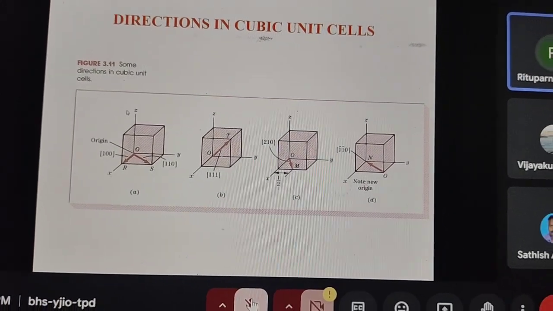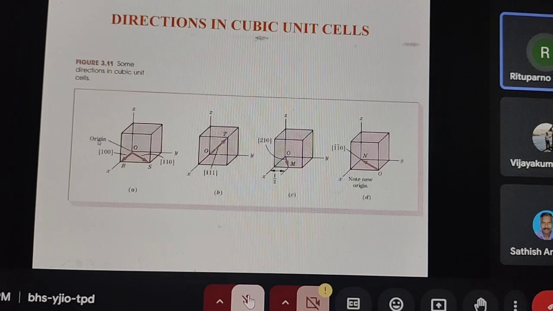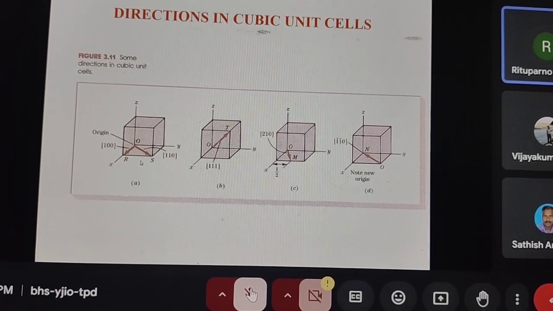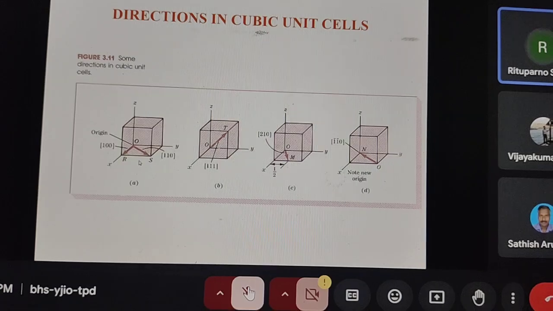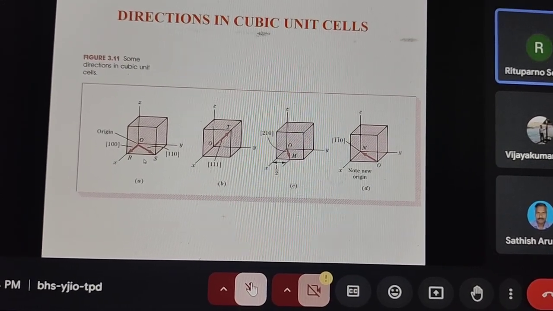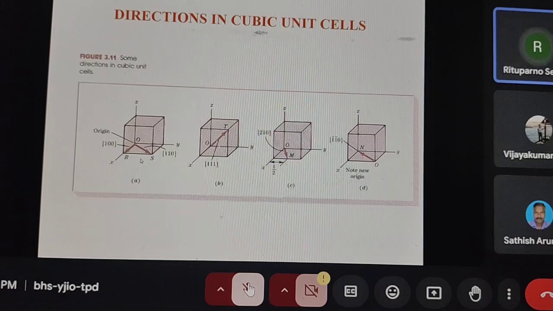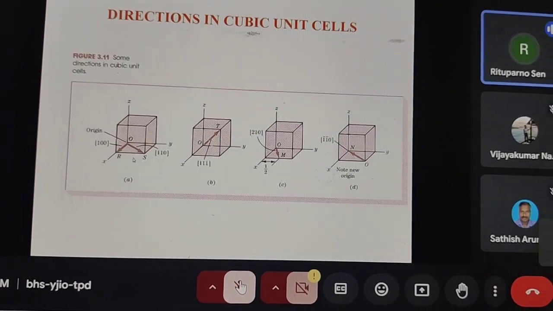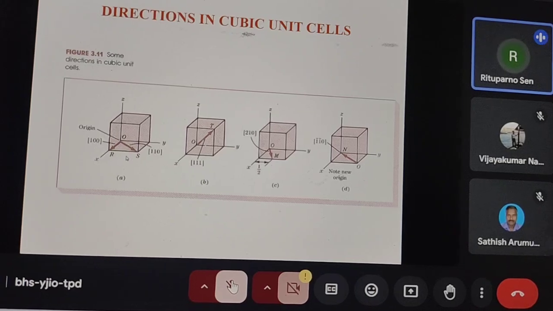So if that is a cube, all the metallic crystal lattices, the very basic crystal lattices, are classed into basically three classes. One is body centered cubic, another is face centered cubic, another is hexagonal close packed.